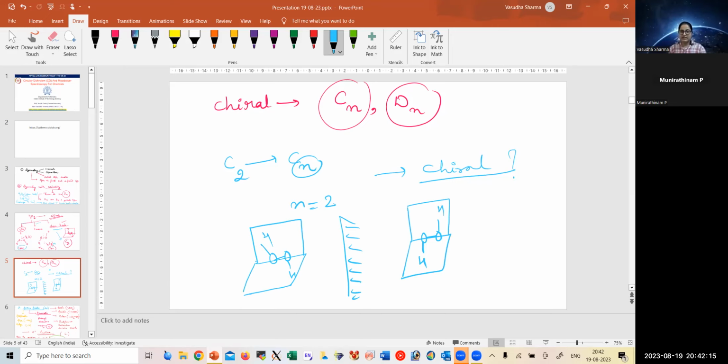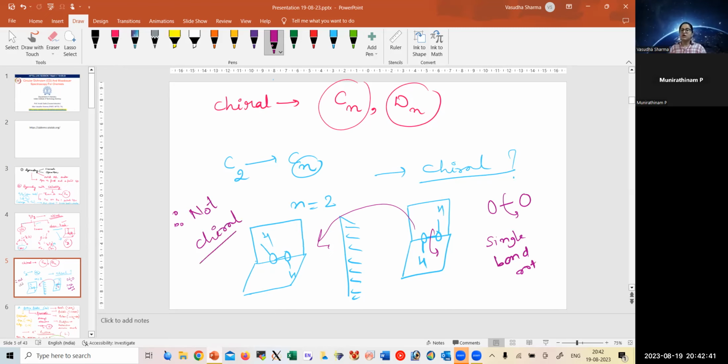But we need to understand that this single bond rotation, this O-O single bond rotation, can happen very easily. And when this single bond rotation is happening, it again gives us the same form as we started with. And therefore, when it comes back to the same form, both the mirror images superimpose with each other. Therefore, it makes it not chiral. So H2O2 open book form, even though it belongs to the Cn category, is not chiral because of the single oxygen-oxygen bond rotation. Is this clear?